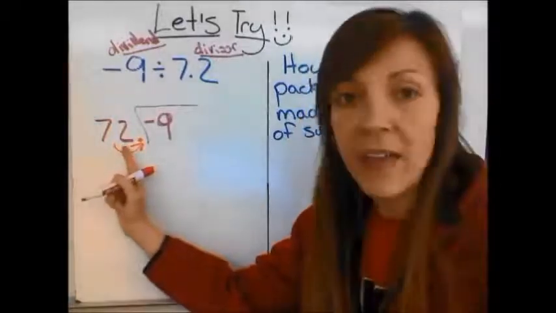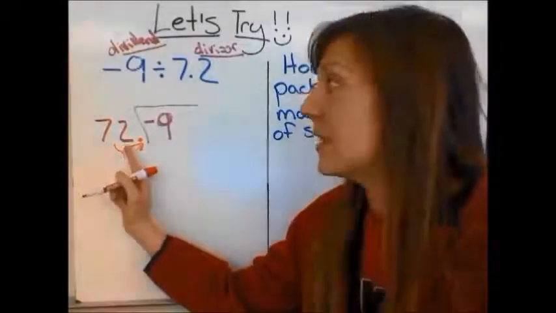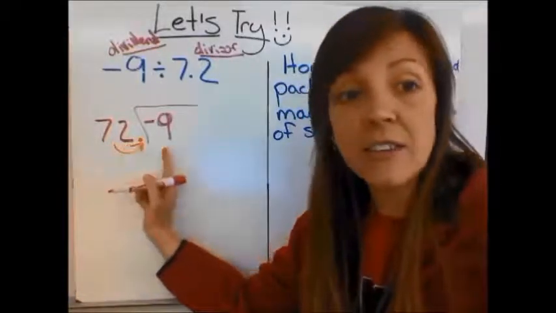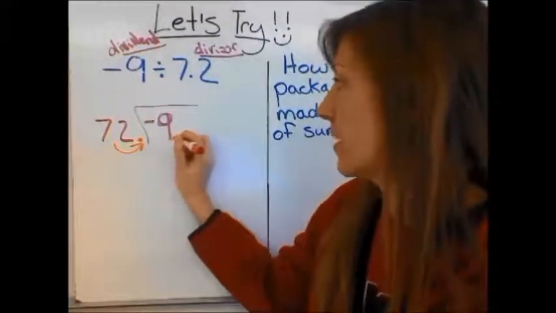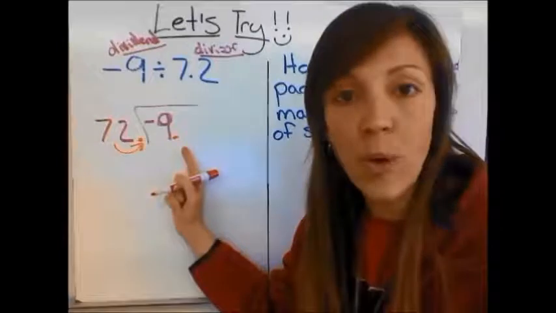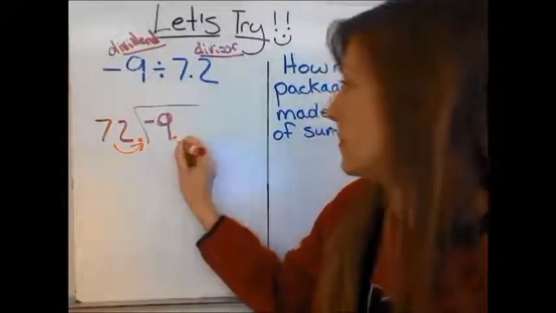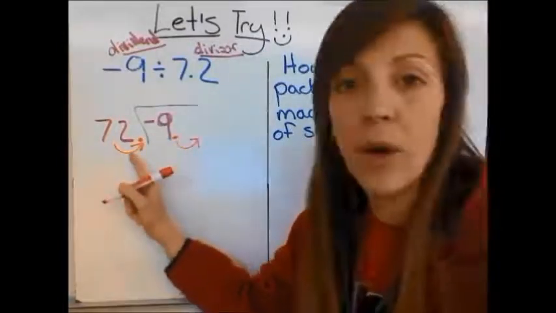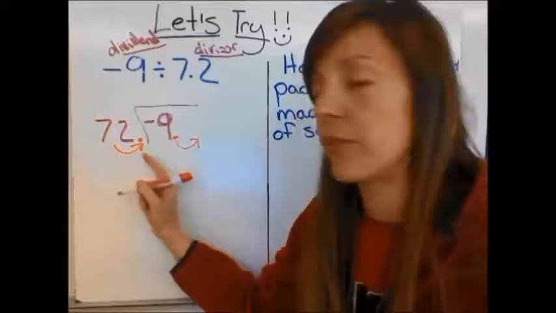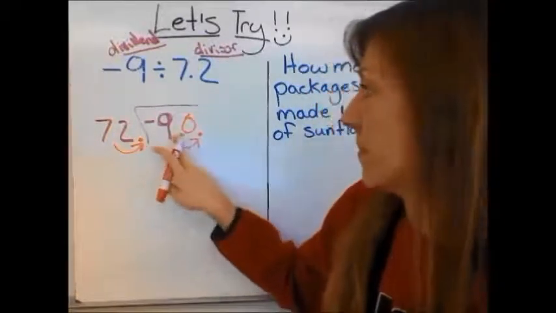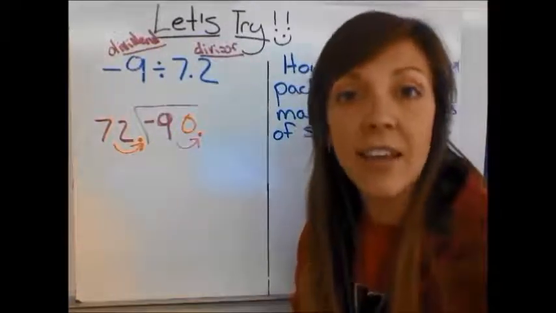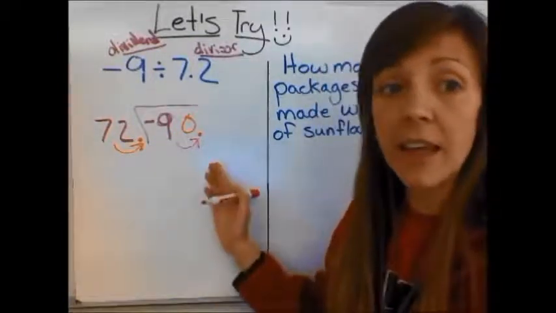Whatever I do on the outside to my divisor, I need to do to my dividend also. So I'm going to move that decimal 1 place to the right, the same way I moved this decimal 1 place to the right. Instead of having -9, now I have -90.